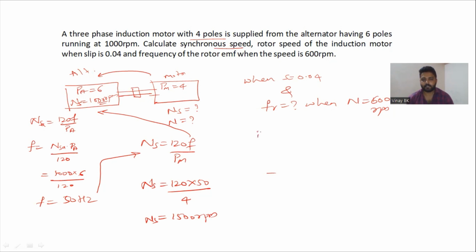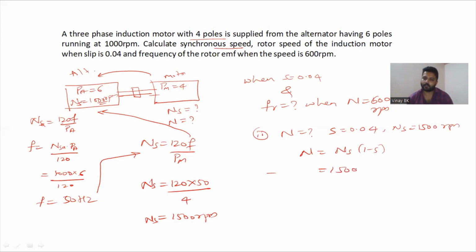In the second case, they asked you to find the rotor speed, that is N, when s equals 0.04 and Ns equals 1500 rpm. N is given by Ns into 1 minus s. Ns you know is 1500 into 1 minus 0.04.